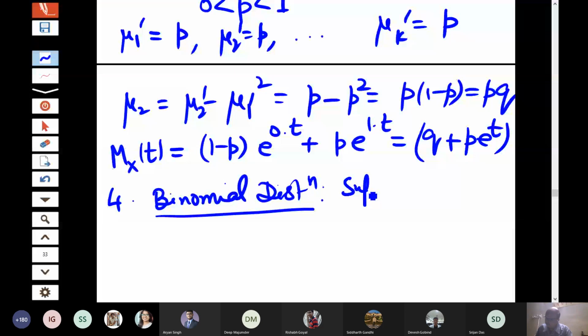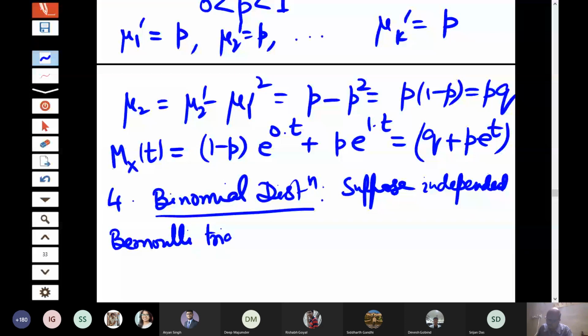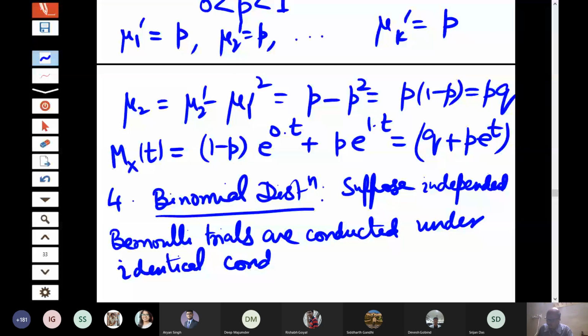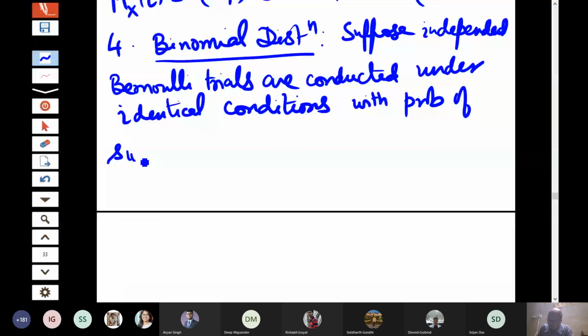Suppose independent Bernoulli trials are conducted under identical conditions with probability of success p.